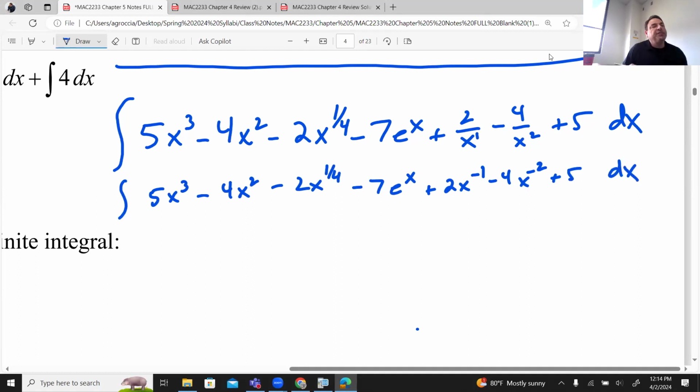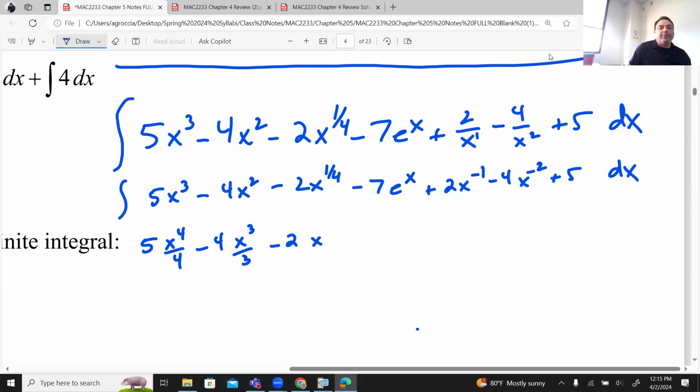So again, just like with derivatives, if it helps to rewrite it first, then you're on your way. And as we go left to right, see if there's any issues. So the 5 stays in front, add 1, 4, divide by it. The 4 stays in front, add 1, divide by it, x to the 3rd over 3. The -2 stays in front, add 1.